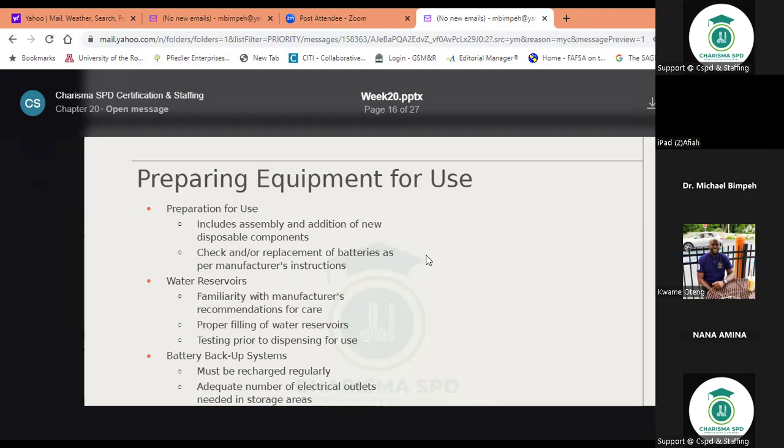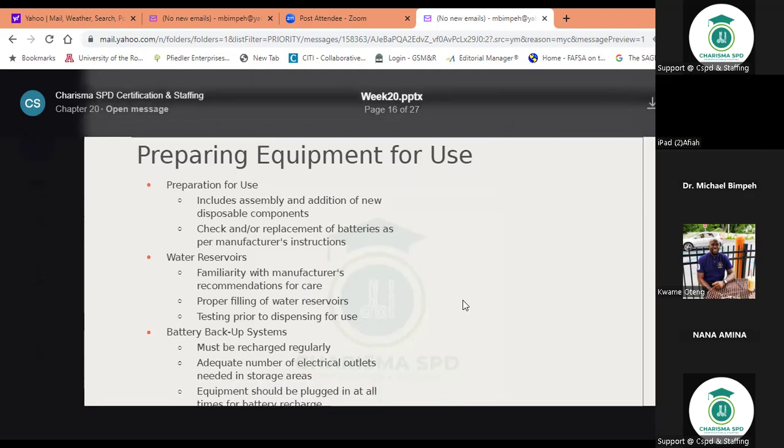Check and or replace batteries. Oh yes, batteries, we handle them in CS, central sterile. Water reservoirs. Familiarity with manufacturers' recommendations for care, proper filling of water reservoirs. So depending on what they do in that hospital, again, they will show you how to handle these things.